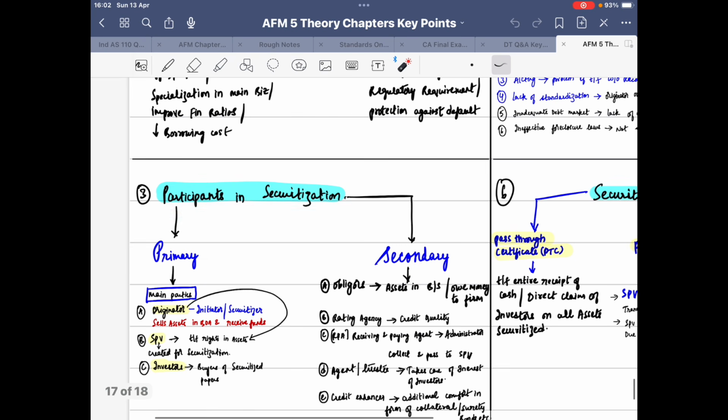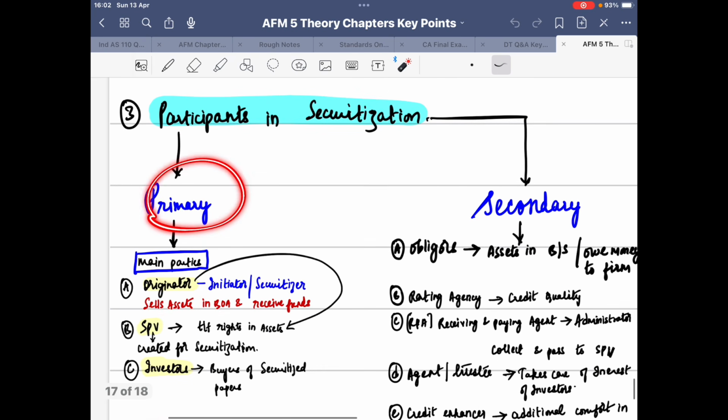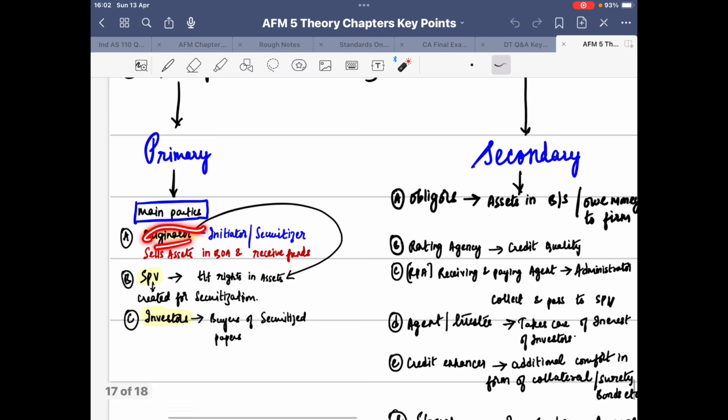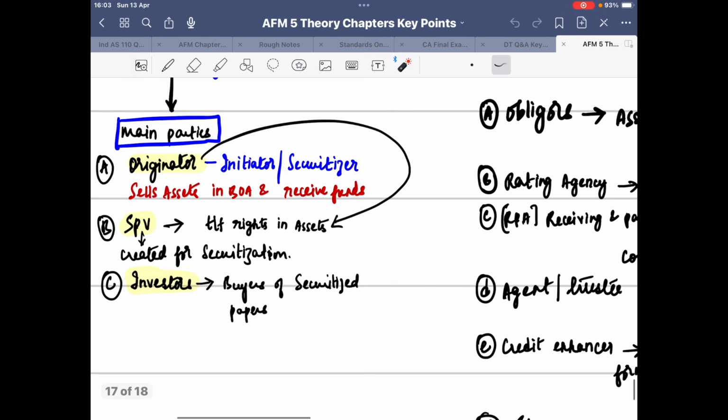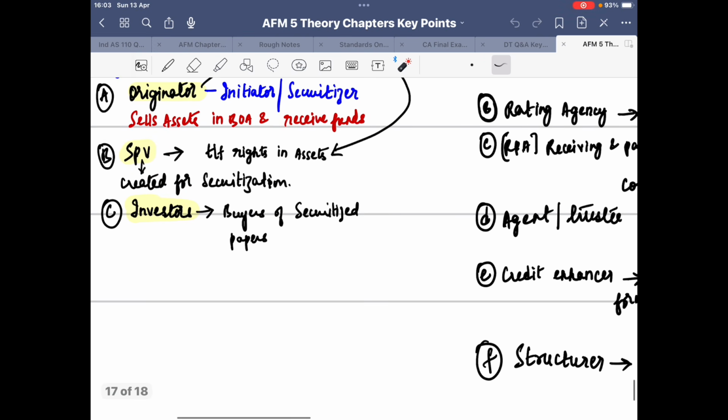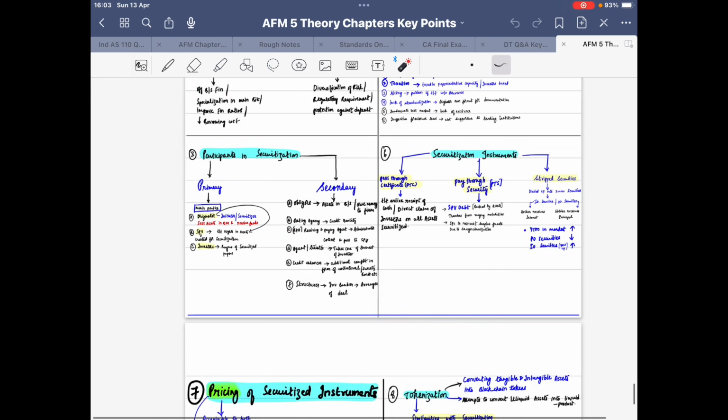Participants in securitization. Primary participants, main parties: originator, initiator or securitizer, sells assets in books of accounts and receives funds. Special purpose vehicle: the originator transfers rights in assets, and this special purpose vehicle is created for securitization. Investors: buyers of securitized papers.